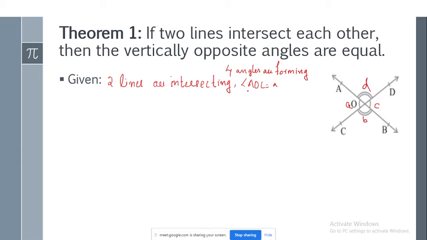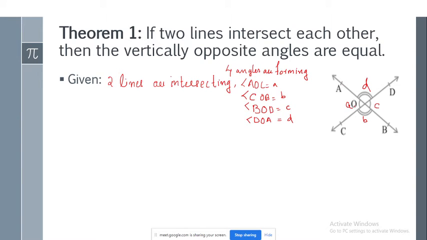Angle COB is equal to B. Angle BOD is equal to C. And one more angle, angle DOA is equal to D.